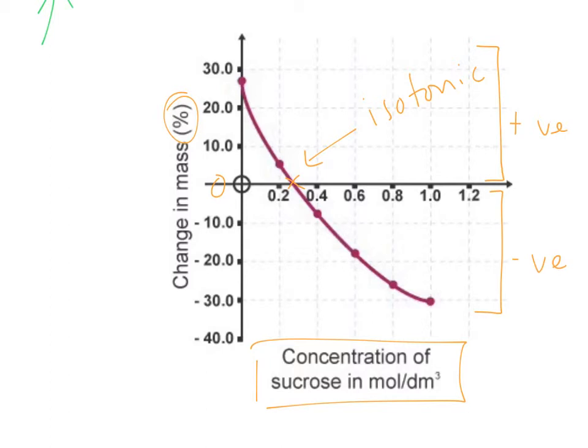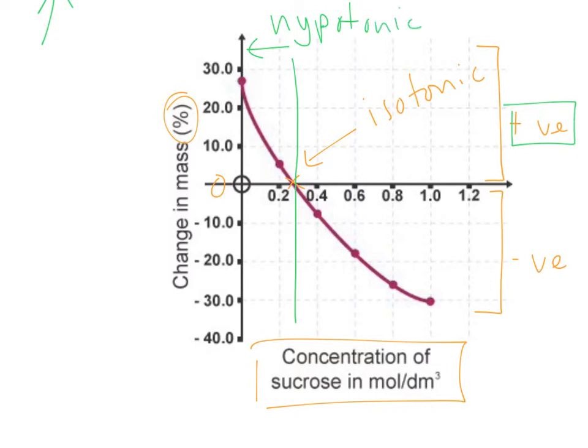Up here, where we have a positive change, this solution, so anything this side of the green line, must be hypotonic. The solution outside had a higher concentration of water, so water's moved into the cells, and the cells have gained mass.